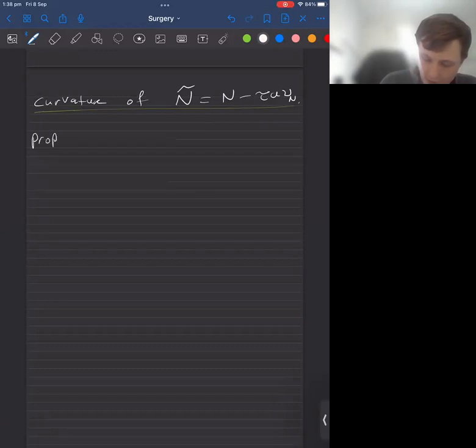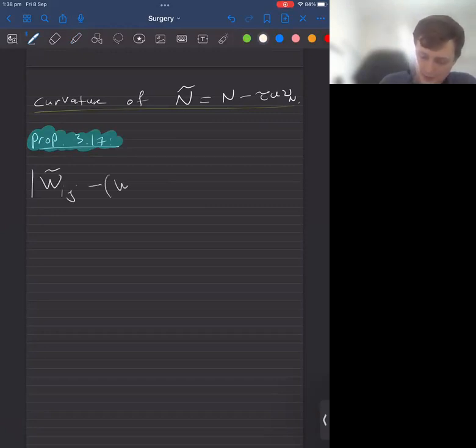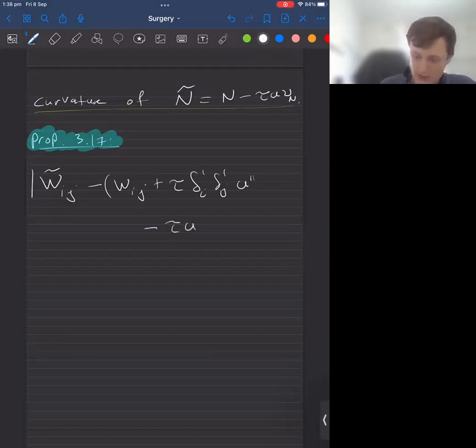So I'll just state the key proposition that you want to show: if you take the second fundamental form of the new one, and you subtract off the following, the original second fundamental form, you have a tau in here. Remember, tau is one of our parameters. You can estimate it. You've got the second derivative of u showing up. These turn out to be important.